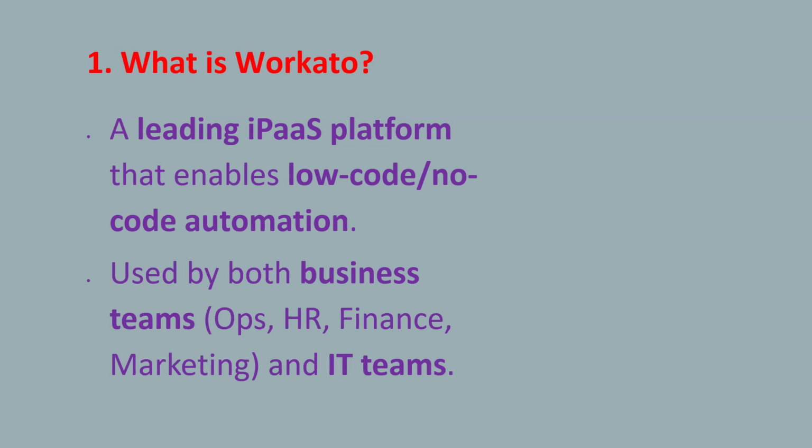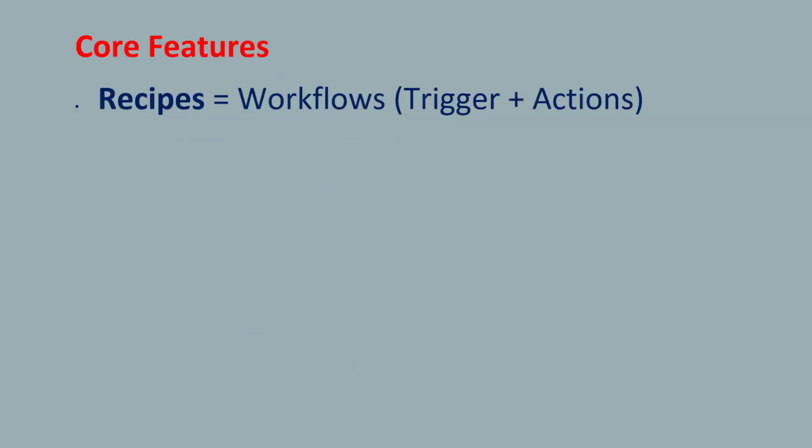Basically, Workato can be used by both business teams and IT teams. Business teams are, let's say, if you take any one company, we have an HR team, finance team, marketing team, so many teams, right? Everyone can use this Workato, so that's why it is so good in the market. What are the core features of Workato?